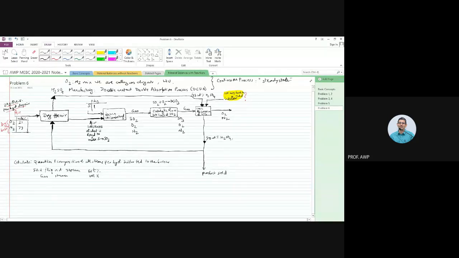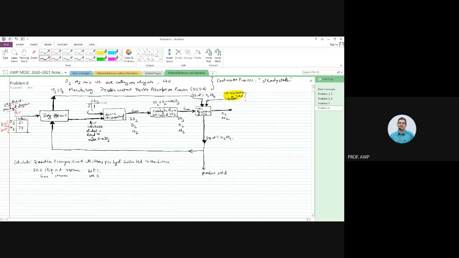Bone dry air is going out all the time. Sulfur is coming in all the time. Steady state means quantities and compositions are not changing with respect to time. These gases go out at all times. This water is added at all times. This is produced at all times. This is recycled partly at all times. Partly it is sold as product at all times. Steady state.